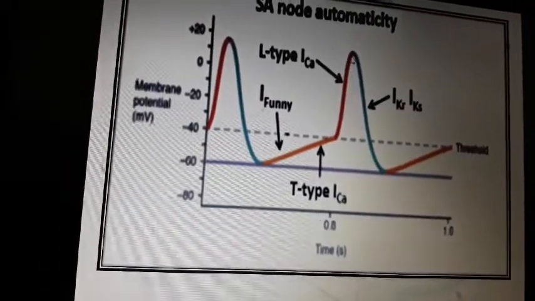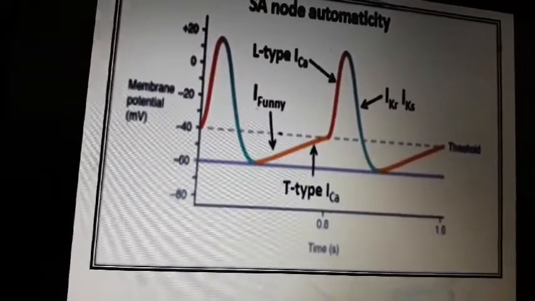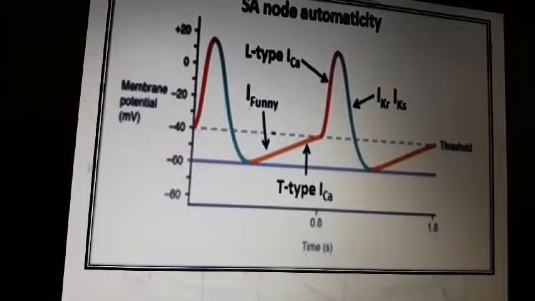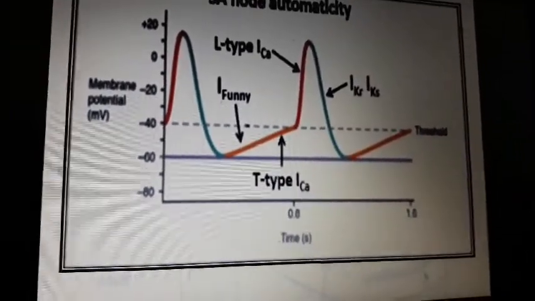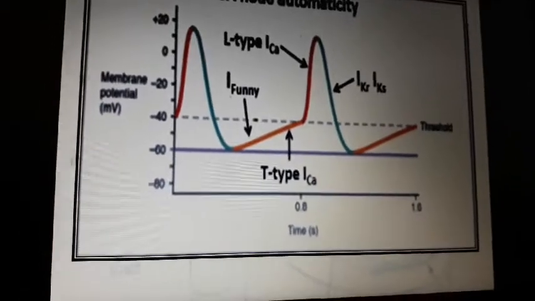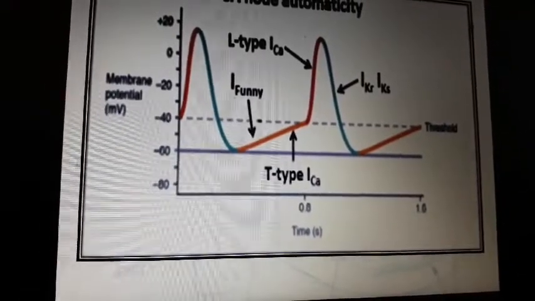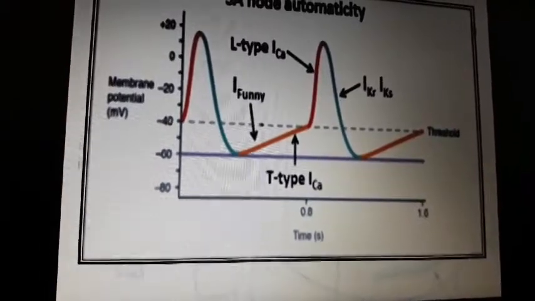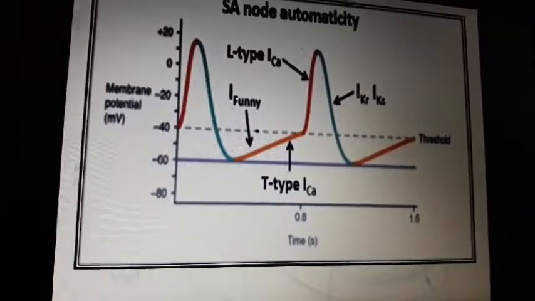This is called depolarization because there is so much positive inside the cell, and it leads to generation of the pacemaker action potential. Now we can see here that the graph is spiked because of the L type or long lasting type of calcium channels to about plus 20 millivolts or plus 40 millivolts.